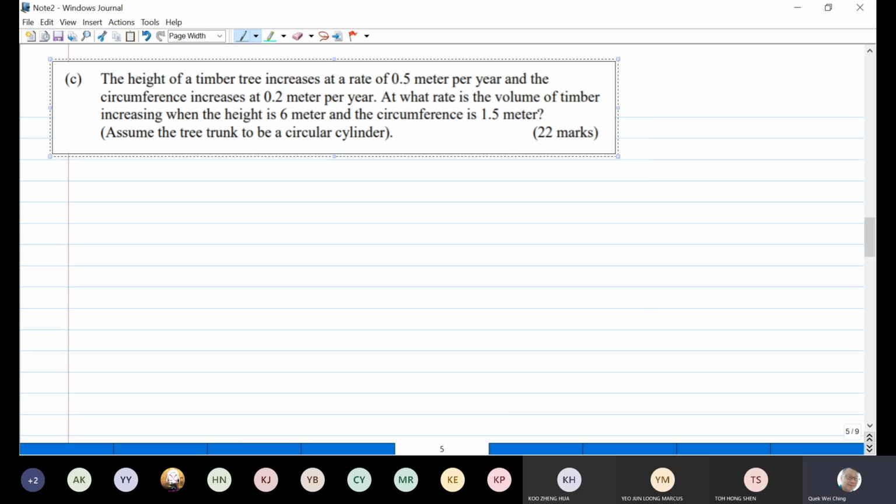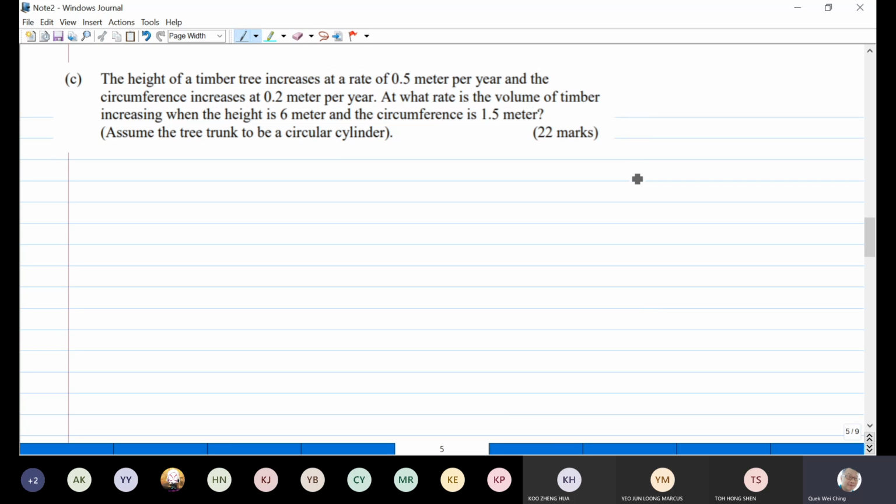This one needs quite a lot of working to get the answer. I will not show you the detail, just show you the idea of how to do this. You have a timber. The height of the timber is increased by 0.5 meter per year. So basically, dh/dt is positive 0.5 meter per year.